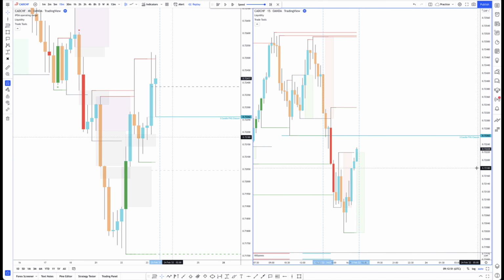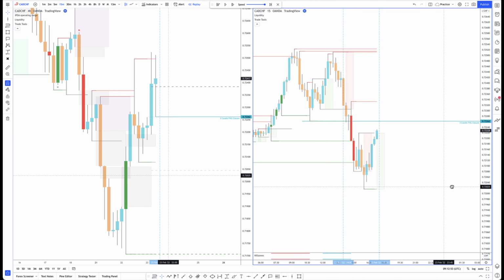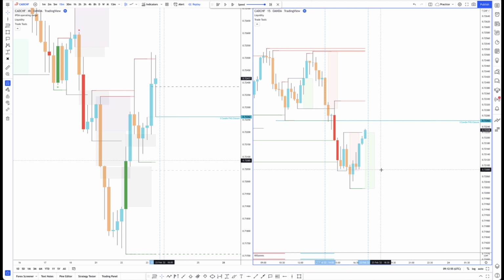Oof. So I don't like this one. Too many candles: 1, 2, 3, 4, 5. I'm not going to take this one.